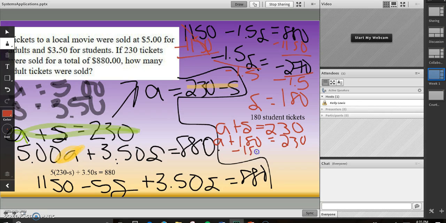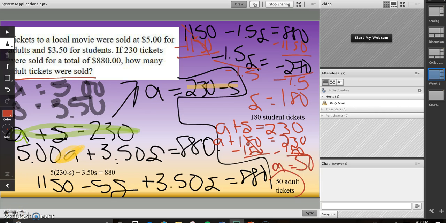Then I need to subtract 180. So I get A equals 230 minus 180. So I get 50. So there were 50 adult tickets. And that's our answer right here, because that's what they asked, just how many adult tickets.